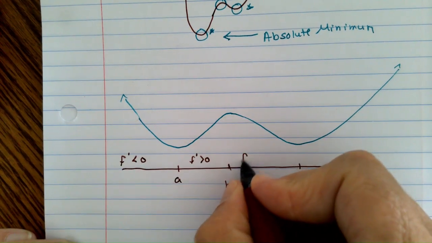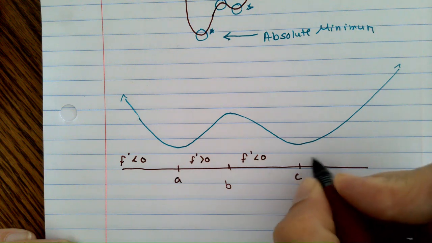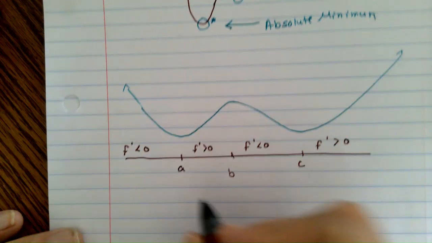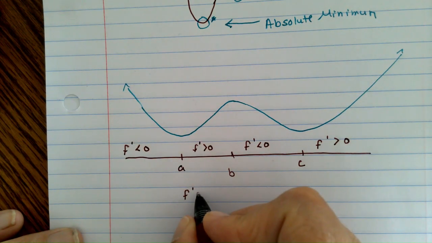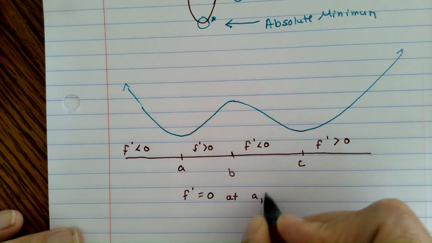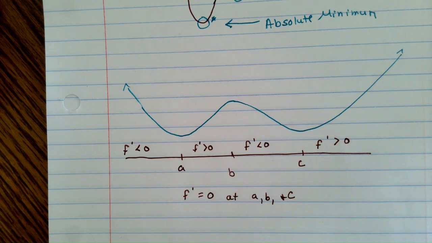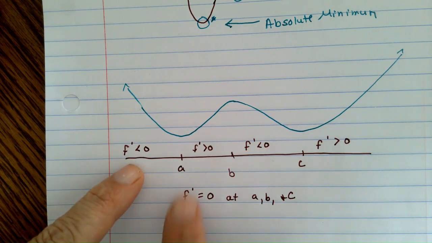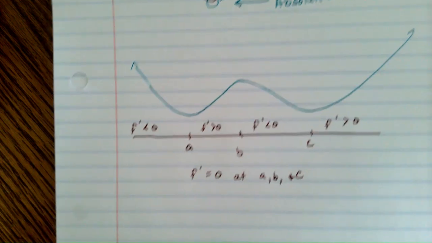We're going down again, so less than 0. And here we'd be going up. Now note, the derivative is equal to 0 at A, B, and C. And that's where the switch happens, right? When the derivative is at 0, we're usually switching from positive to negative. The reason why I say usually is there are occasions where we don't make a switch. But if you're going downhill and then uphill, you know that switch has happened. Okay?